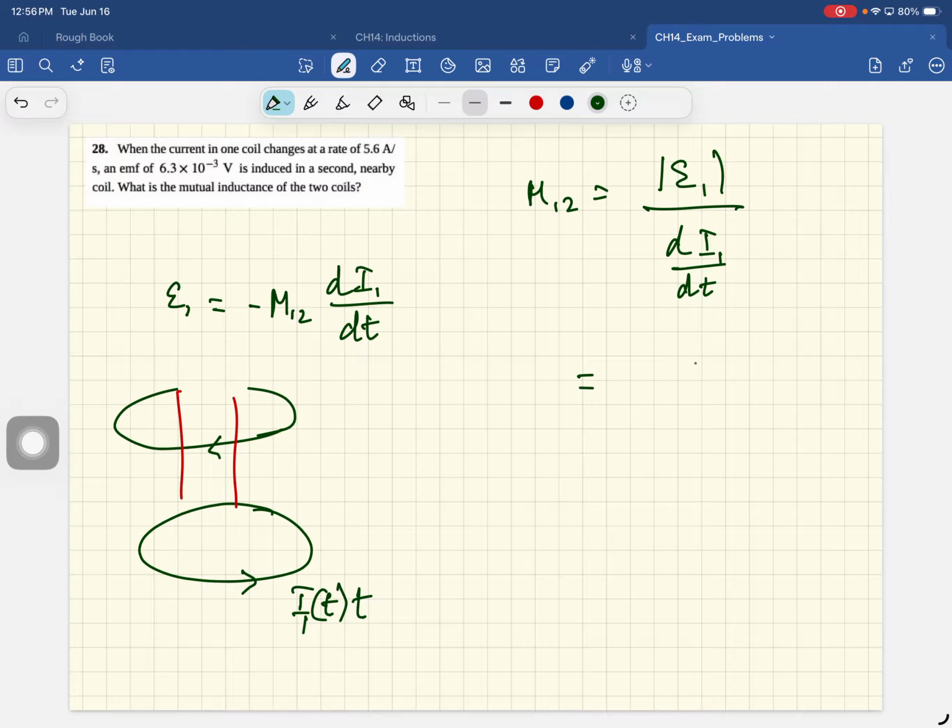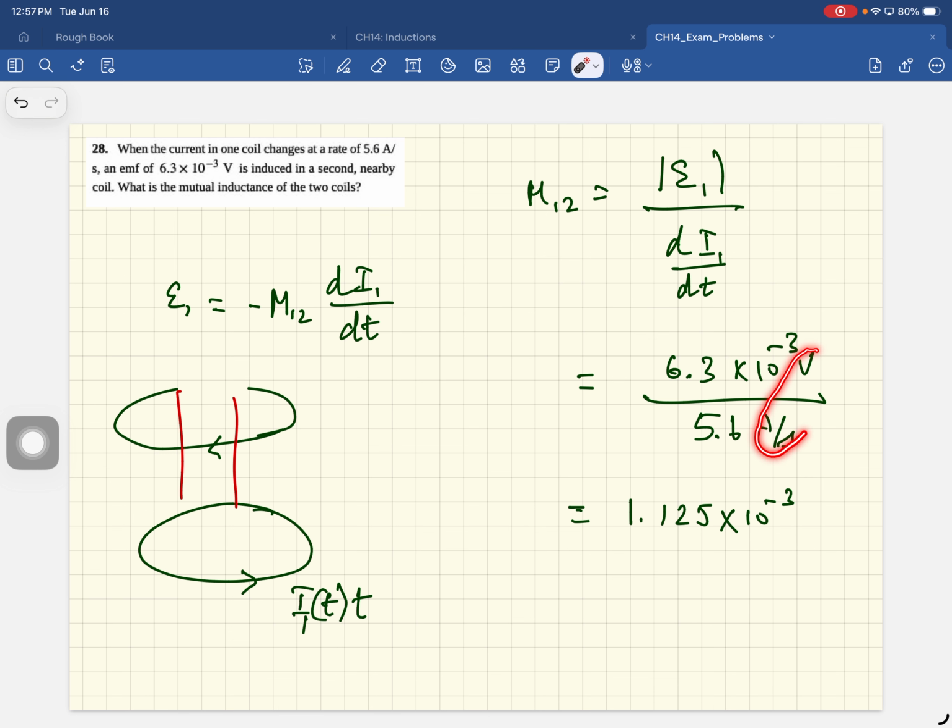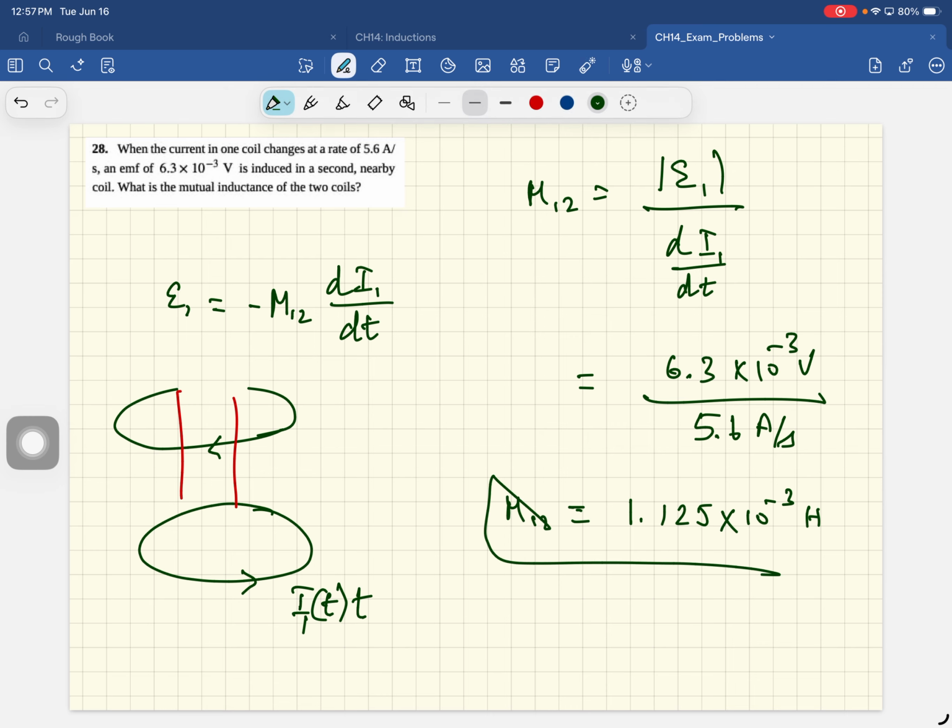And we can put in these numbers. So it's mu naught, which is 4 pi times 10 to the minus 7.